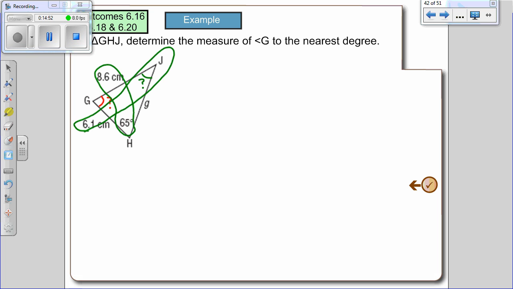My formula here is going to be sine on the top because I'm looking for an angle. So sine of h over little h, which is whatever is right across from big H, equals sine of j, which we're not sure what that is yet, divided by little j. Little j is whatever is directly across from big J, so 6.1.